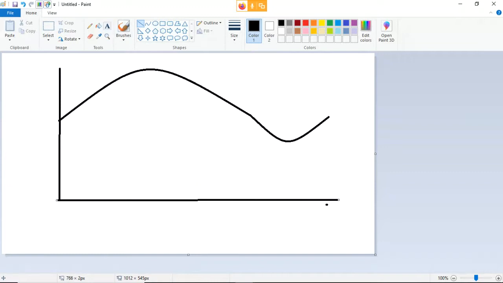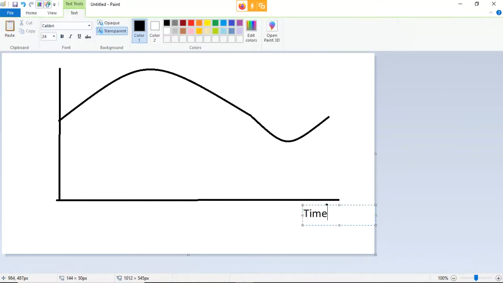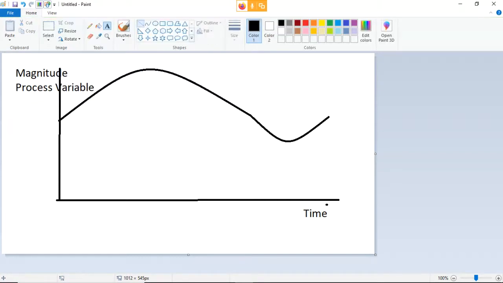And this is versus time. Okay, and so over here is some kind of magnitude of the system. Okay, this is my process variable that's changing.